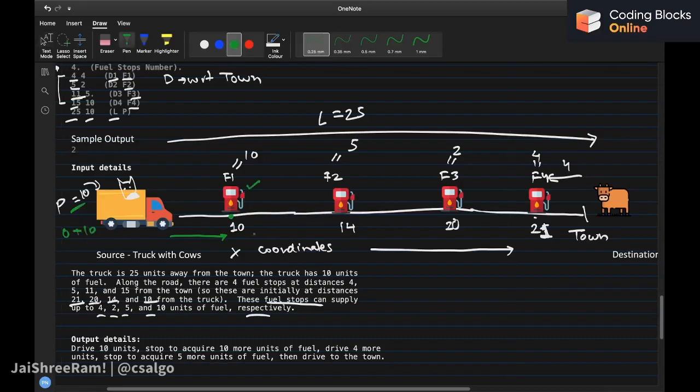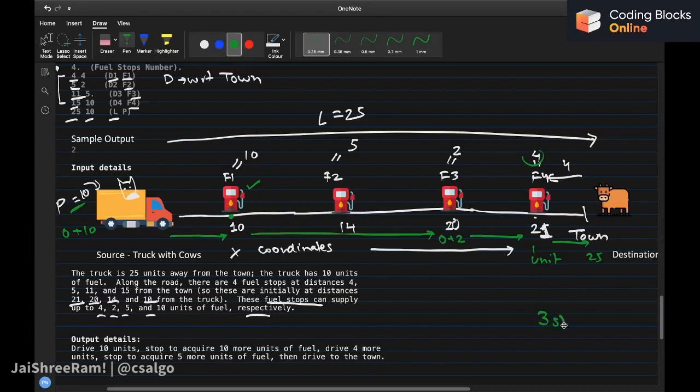So you have used one stop, and using these 10 units, although you can go till this particular stop, but okay, one option is you have 10 units, you go till this stop, again you will have 0 units of fuel, you get 2 units, that would make you reach 21, and at this point you will have 1 unit of fuel because you have traveled 1 kilometer, and you add 4 more units, so that would make you reach 25. So in this case you are using 3 stations.